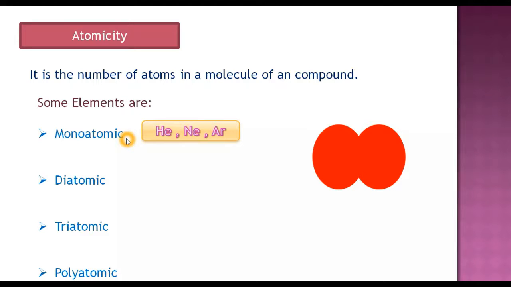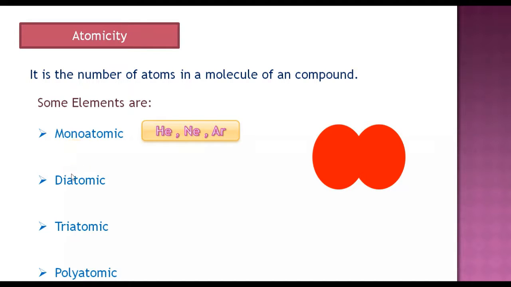So monoatomic means just that the number of atoms in their molecule is only one. In fact, if you look at metals like sodium metal, magnesium metal, aluminum metal, there also you can see the atomicity is one. That means only one atom is present. If you look at sodium, that is Na. It means one atom of sodium is present in the molecule. So the atomicity here is 1. That is why they are called monoatomic. Mono means one.